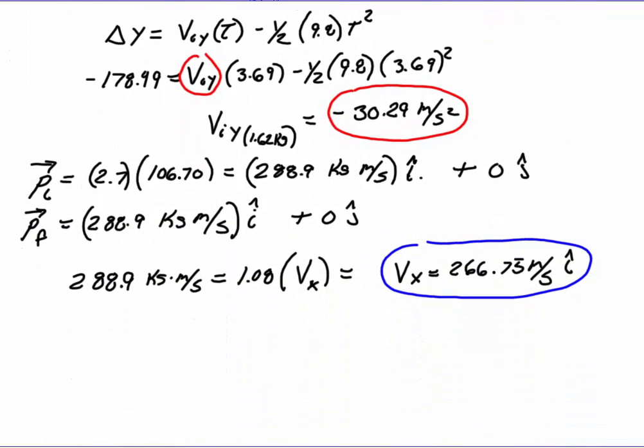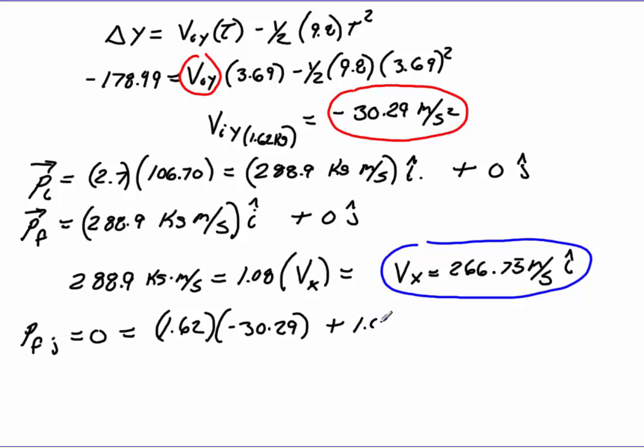Now we go back and we know that the P_F in the j direction has to equal 0. We know what this particle has, and remember it's a vector quantity, so we'll take 1.62 times negative 30.29 plus 1.08 times v, and we'll make that vy. We'll solve for vy, and when we do that, that'll give us a value of 45.44 meters per second.